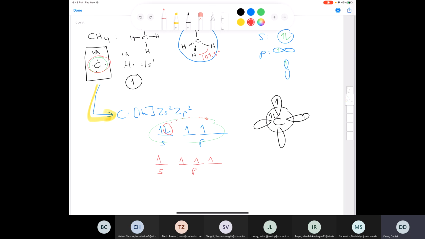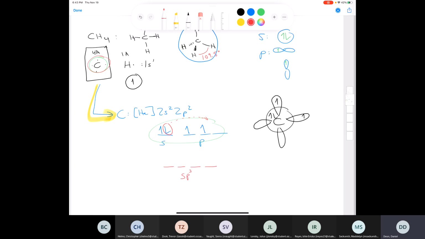So I mix them up this way. I mix all the orbitals together so that I have 4 orbitals that are all perfectly identical. What are they made up of? They're made up of 1 s orbital and 3 p orbitals. I give the name of these 4 orbitals sp3 orbitals.